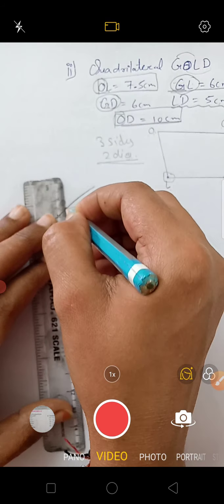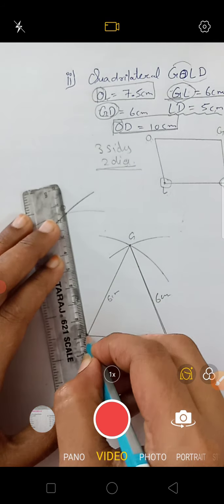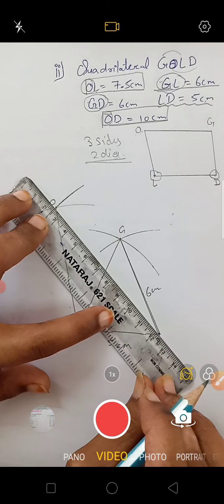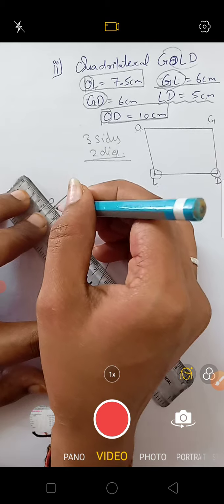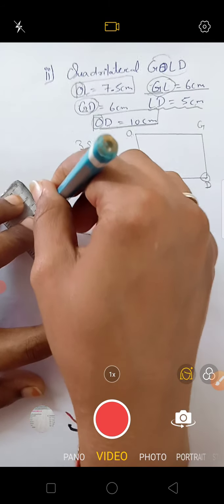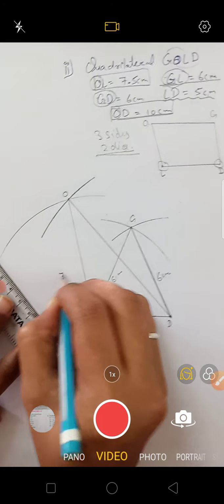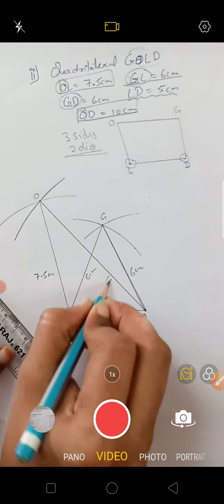We join the vertices, we get the side and another diagonal. So it is OD. We join, it is 7.5 centimeter and it is 10 centimeter.